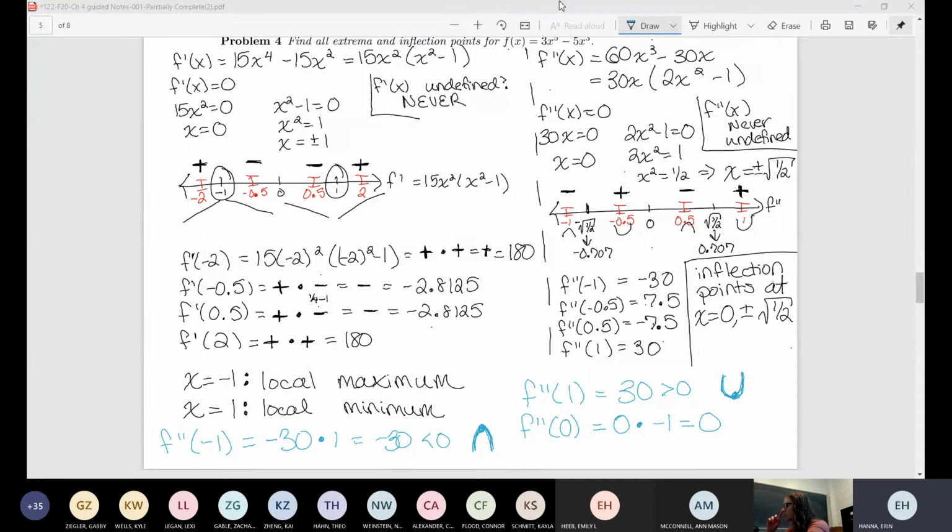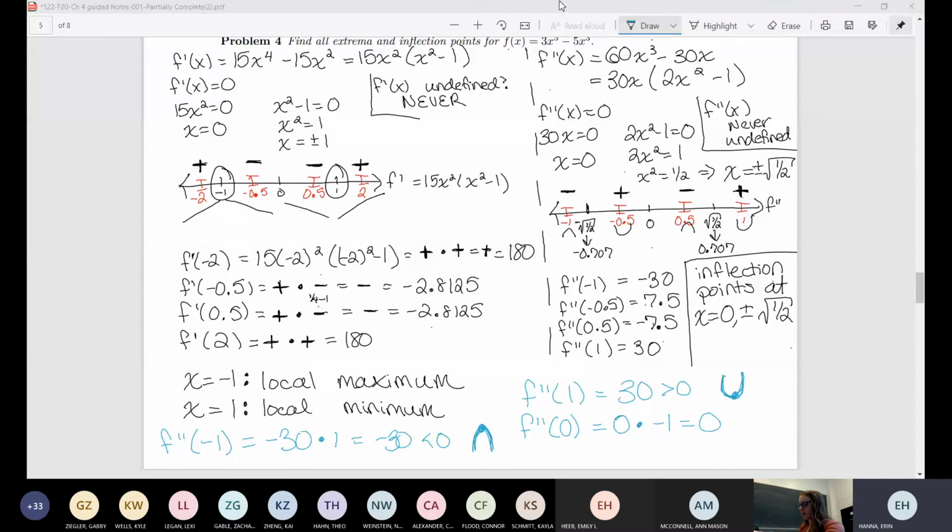Why is 1 and -1 the local max and min? Sure, I can talk about that while I'm pulling this up. So we have to see how this derivative changes sign at that point. Notice in our number line at -1, the derivative is positive to the left and negative to the right.